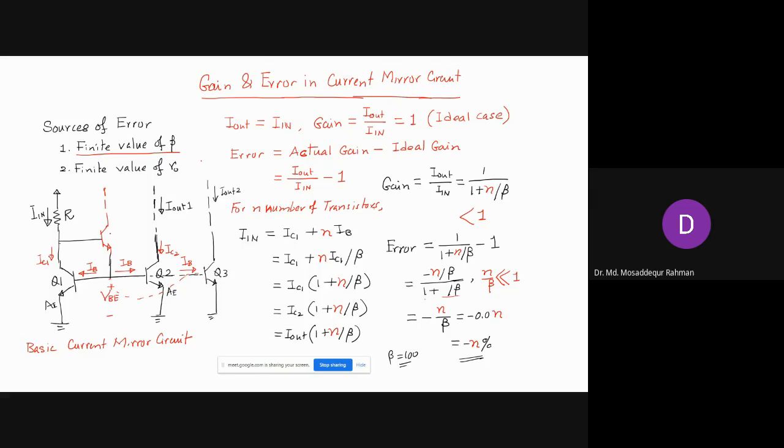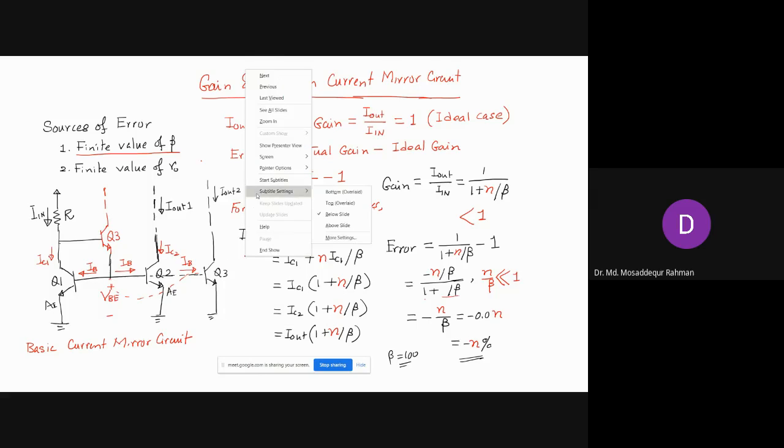Now we add another transistor here. We call it Q3.